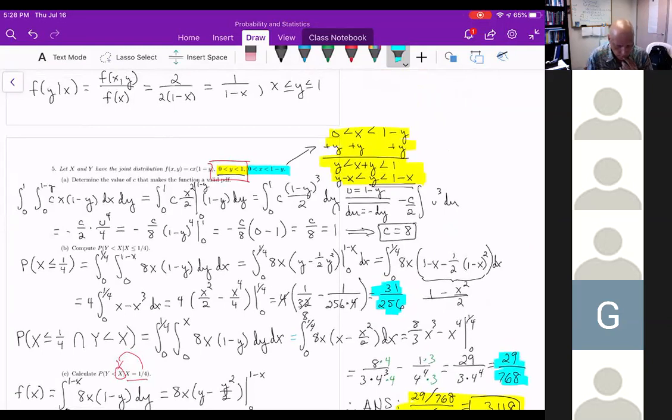I don't know. Look back at the problem. Sydney, because based on what the problem is saying, you know that it's cx times 1 minus y. And then if you review the problem, you'll see in part A, we solve for c. So that's how I know what the joint distribution is.